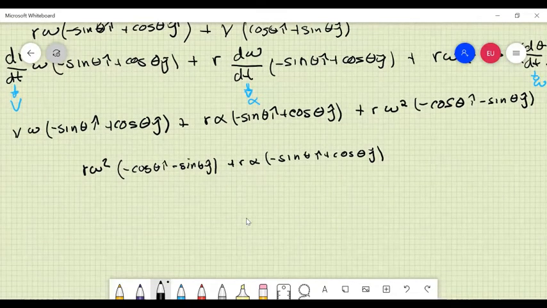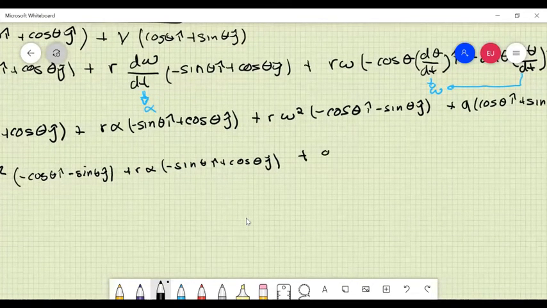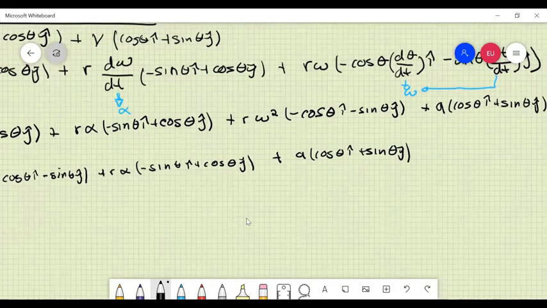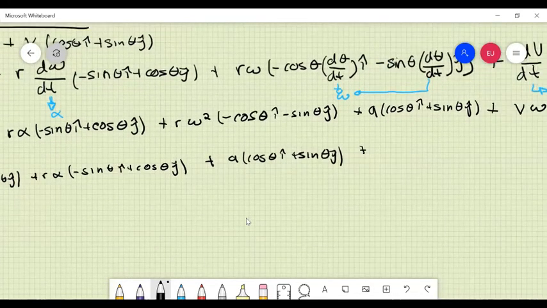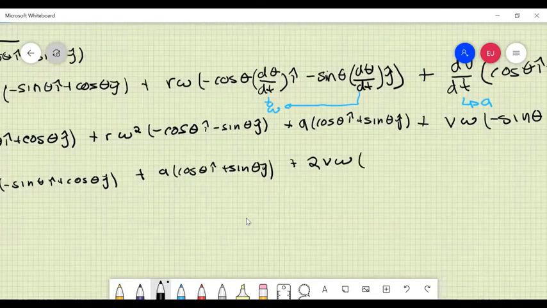I have that bit a, sorry, linear acceleration, cosine, sine, and finally I have 2 times linear velocity, angular velocity minus sine plus cosine.